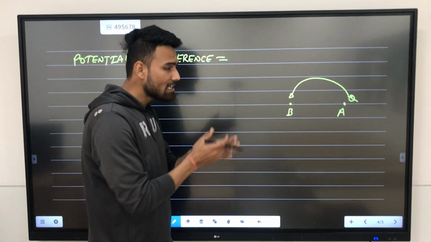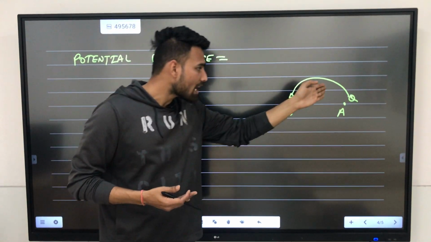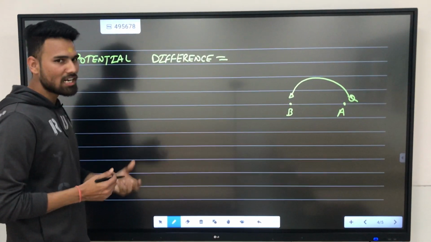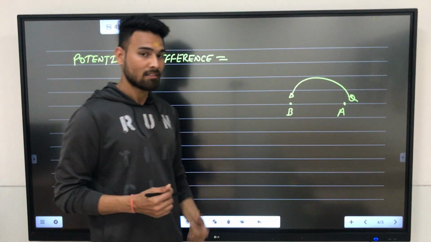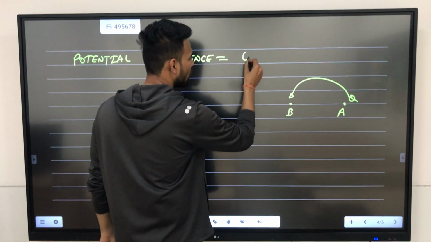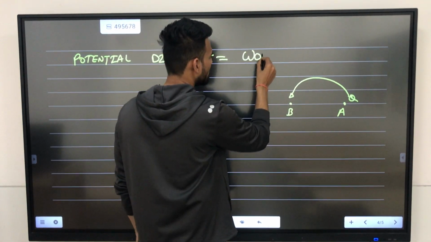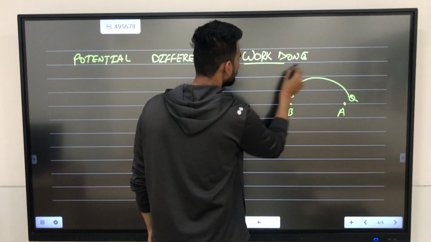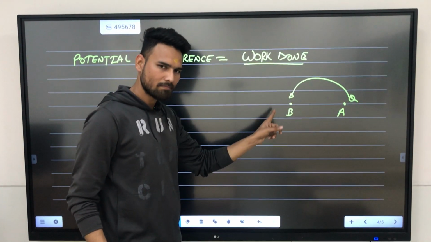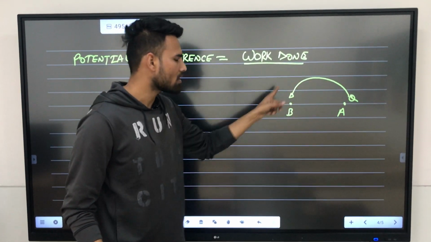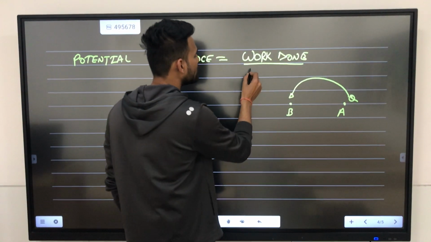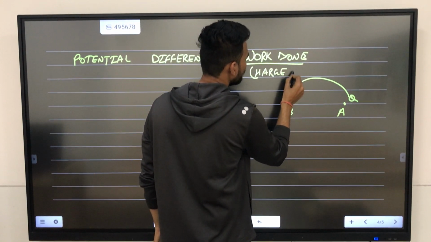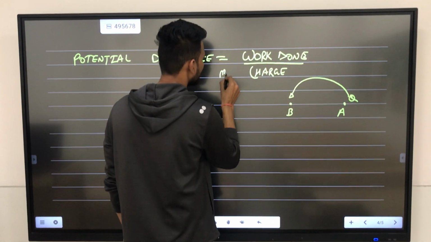Now if a battery is performing work to move a charge from one point to the other, we can define the potential difference across the two points as the amount of work done on moving a charge from one point to the other point, per unit charge moved, or the moving charge.